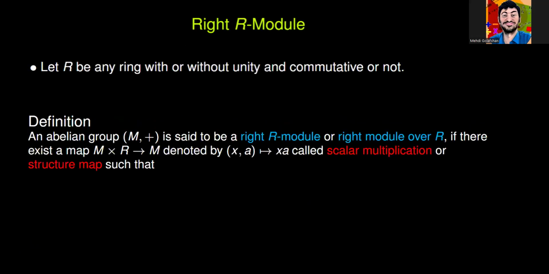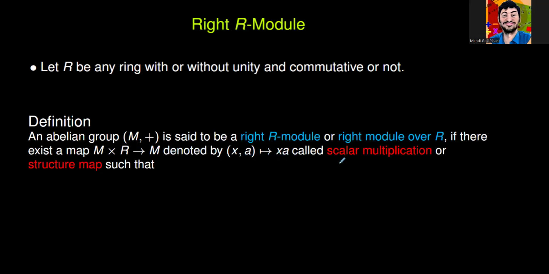An abelian group M with addition operator is said to be a right R module, or right module over R, if there is a structure map like that, denoted by (x, a) maps to xa.